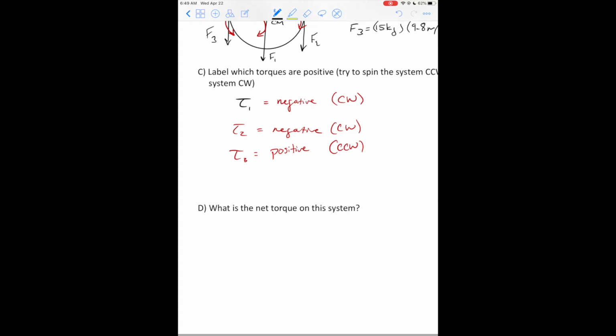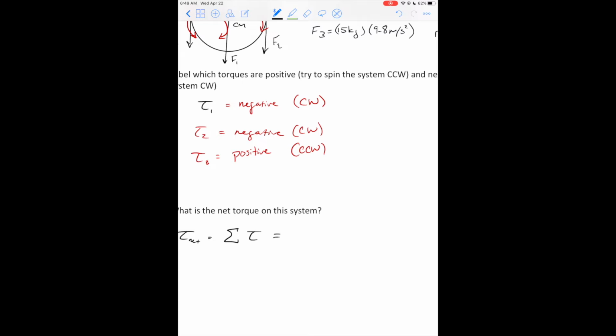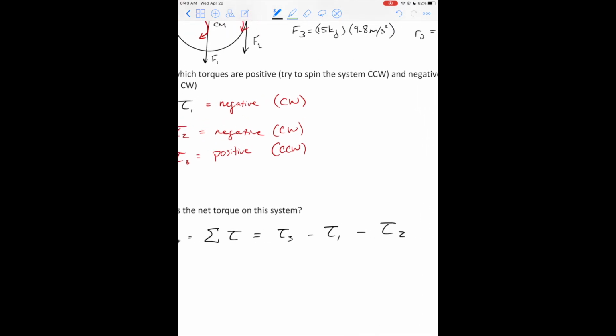So what is the net torque on this system? The net torque is equal to the sum of all the individual torques, right? So I'm going to have torque 3 minus torque 1 minus torque 2. The reason I put torque 3 first is because it's positive, right? And I like to generally have positive things out front.